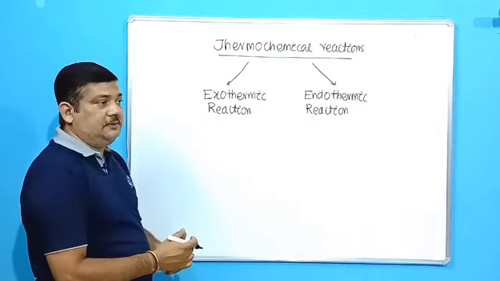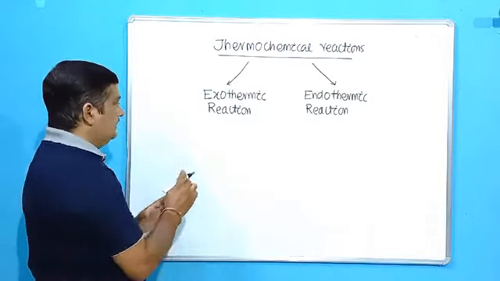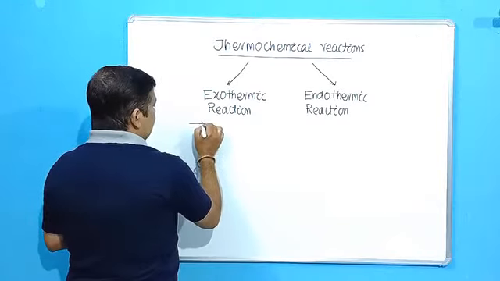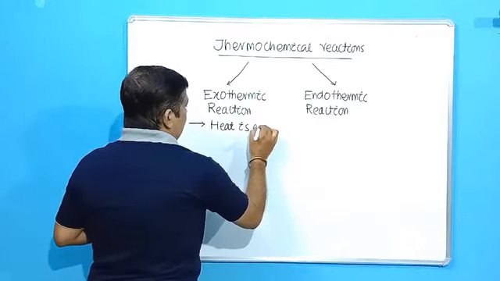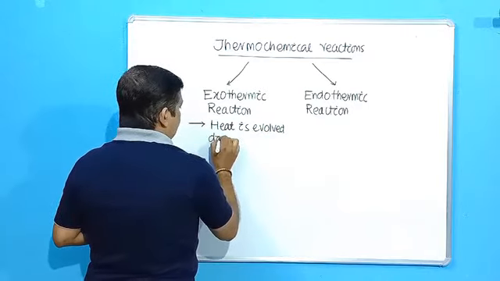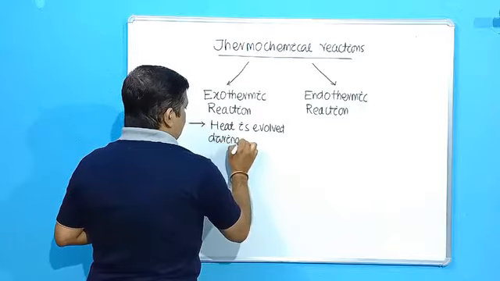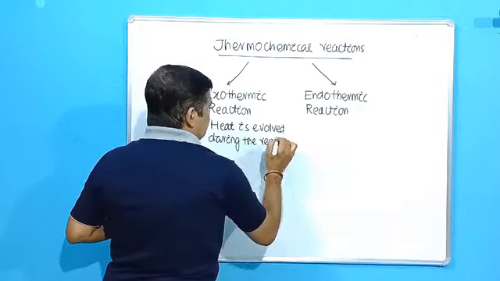Okay. With respect to requirement or evolution of heat, the chemical reaction can be of two types. Exothermic means heat is evolved during the reaction.